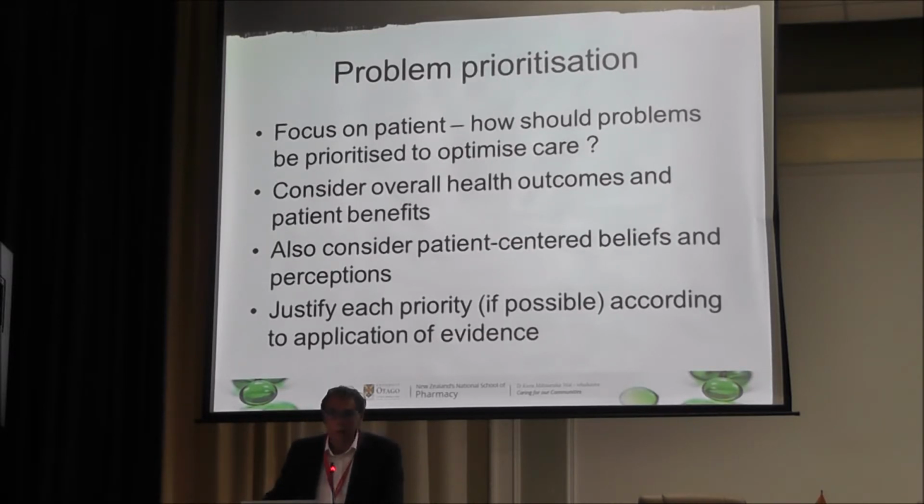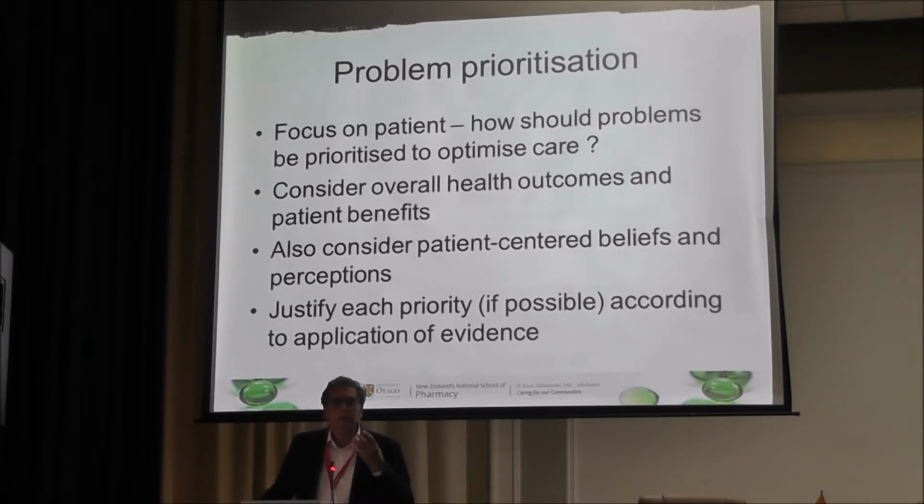When they come to prioritize the problems, they should also focus on the patient. What are the patient's expectations and beliefs? And how should these be prioritized to optimize the care of the patient? We need to consider the overall health outcomes the patient benefits. Many times we'll notice that the patient doesn't realize that there could be things they should be doing to optimize their health.